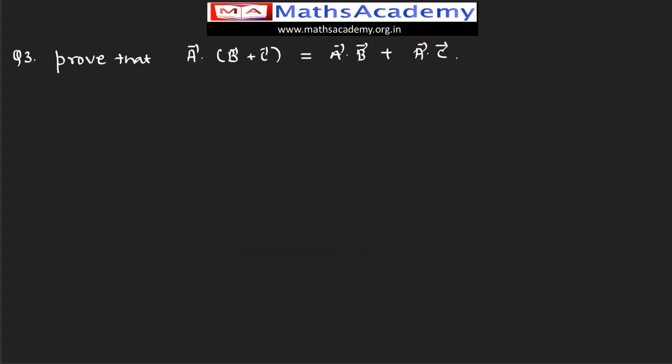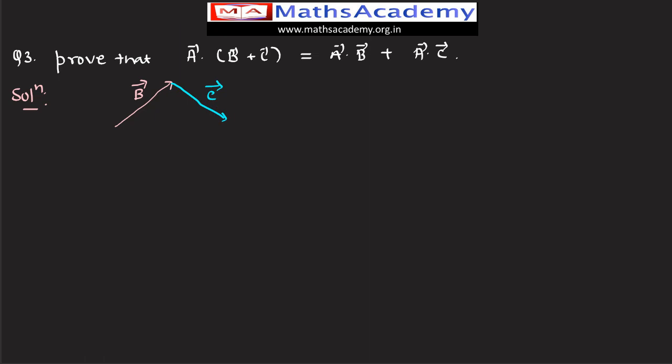Now with the help of projections we can prove that A vector dot B plus C vector is equal to A dot B plus A dot C. First of all, I consider this vector as B vector and this vector as C vector.